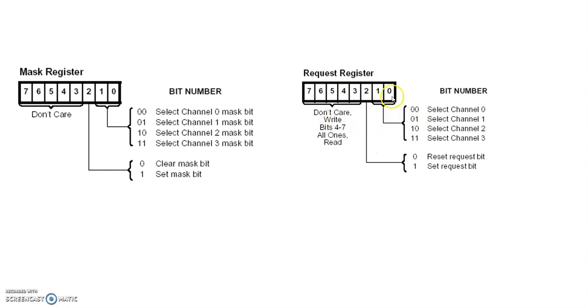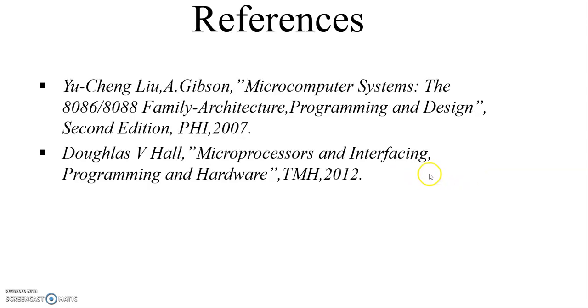The request register has the LSB bits 0 and 1 for channel selection: channel 0 means 0 0, channel 2 means 1 0. The next one is bit 2: 0 means reset request bit, 1 means set request bit.